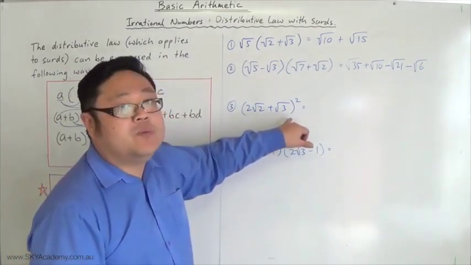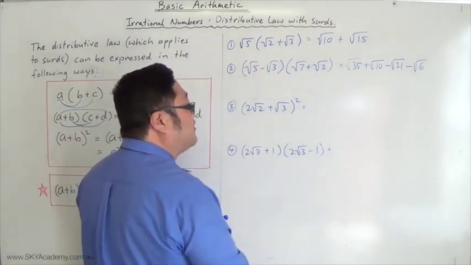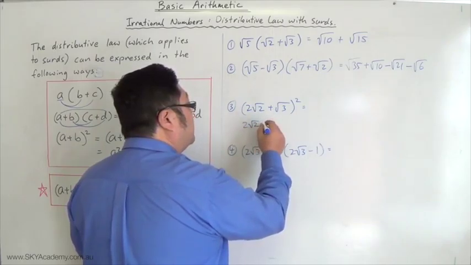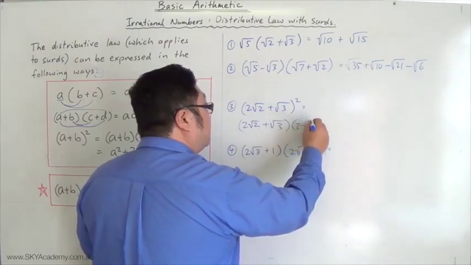When it comes to doing this one, it is another FOIL method question. It's 2 root 2 plus root 3 times by itself.